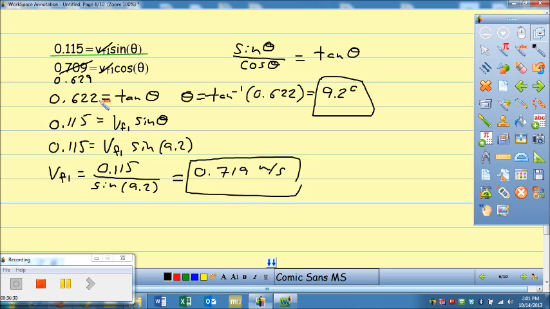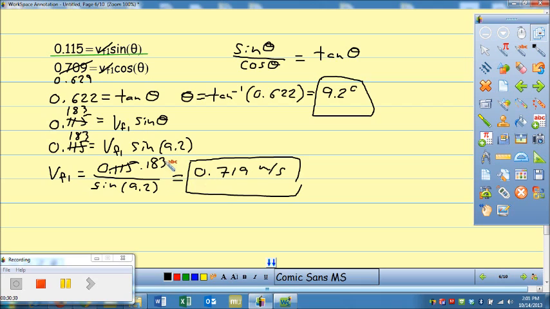So 0.115 divided by 0.629 gives us 0.183.